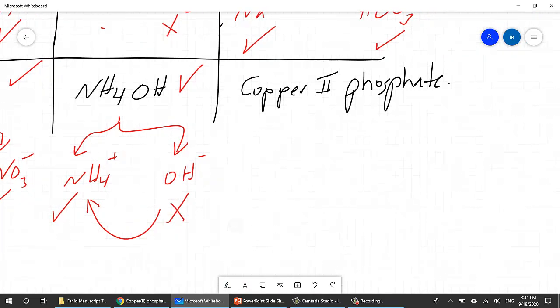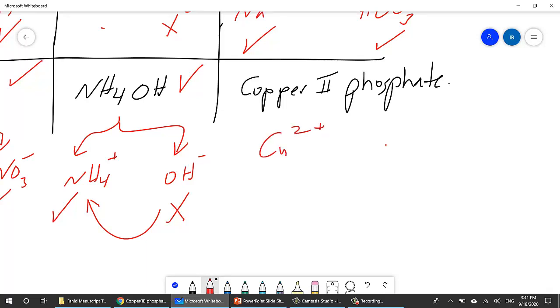Copper(II) phosphate. Well, what is copper(II) phosphate? I know copper(II) is Cu2+, and I know phosphate is PO4 3−. When you apply the cross multiplication rule here, you obtain Cu3(PO4)2.